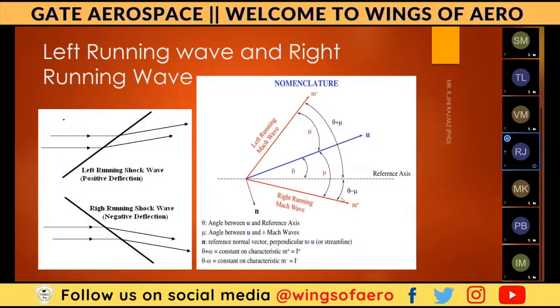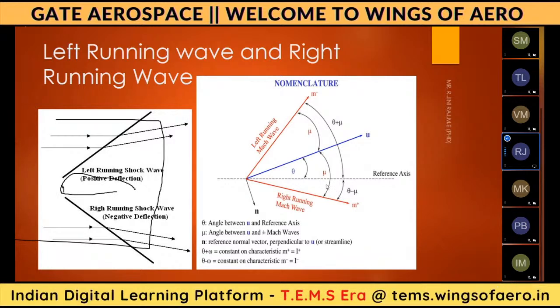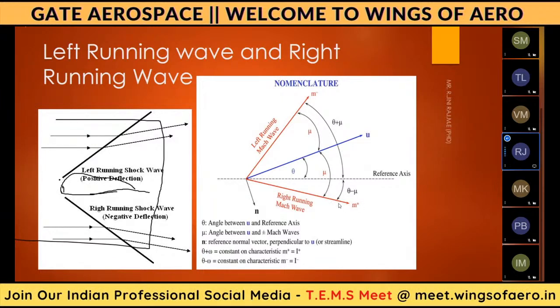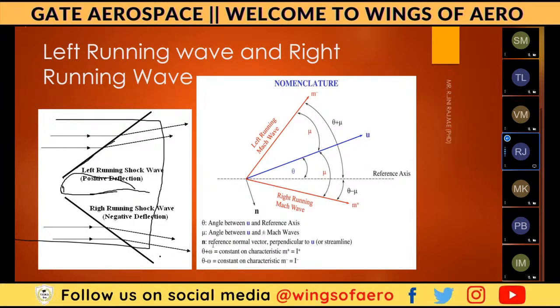So consider this is a test section. Here we are keeping an object, or here we can keep an aerofoil. Consider this is the shock formed, a thin layer formed over the surface of the aerofoil. If you are viewing from the front, you will be seeing the waves like this. This is left, and this is the right.